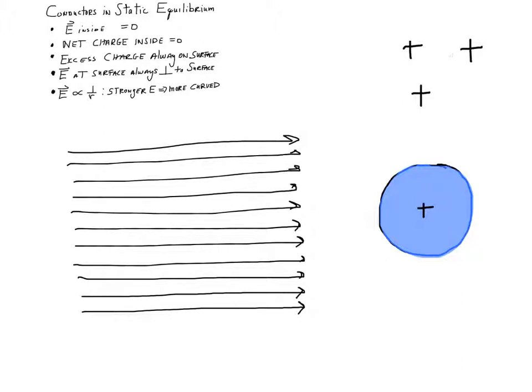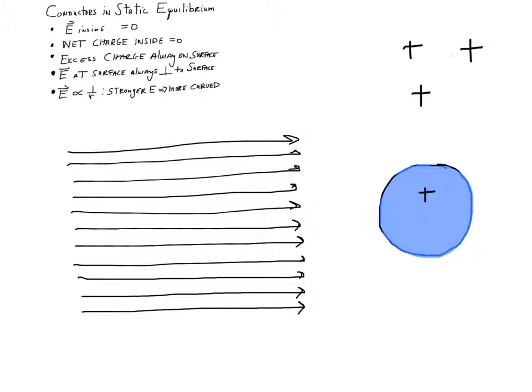And why doesn't this work? Well, because there's a field here, and a conductor has free electrons. So one of those free electrons is going to move and cancel out that charge, and that leaves a positive charge somewhere else.